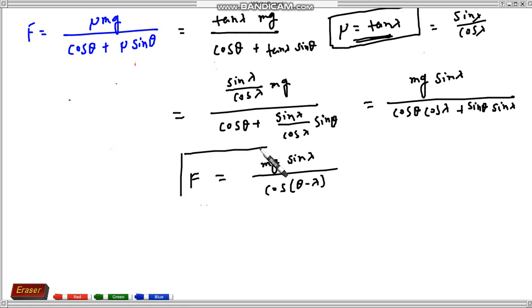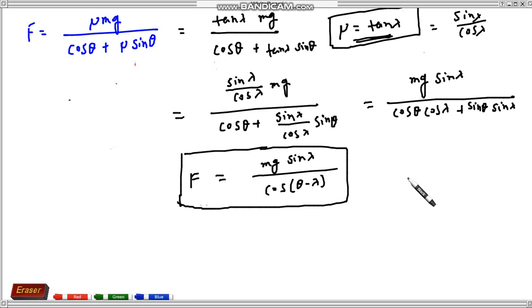Now when this force will be minimum, can you tell me when this force will be minimum? The force will be minimum when this cos of theta minus lambda is maximum, because here lambda is constant, only theta is variable. So if this denominator is maximum, then this expression f will be minimum.